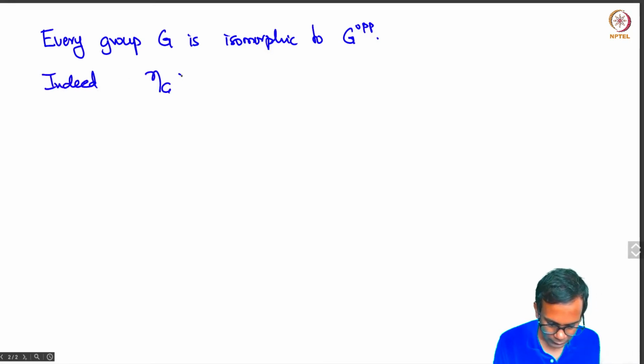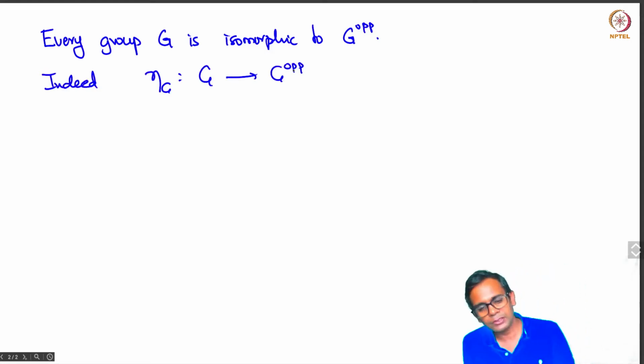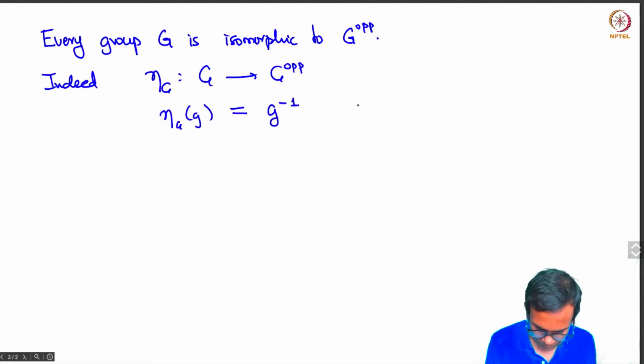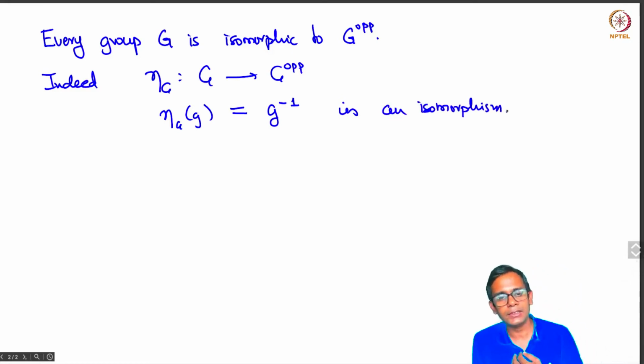Define eta G from G to G op by, you cannot take g goes to g, you have to take eta G of g equal to g inverse. This is an isomorphism. Eta G is clearly a bijection, and we just need to check that it is a group homomorphism. It clearly takes the identity to the identity.